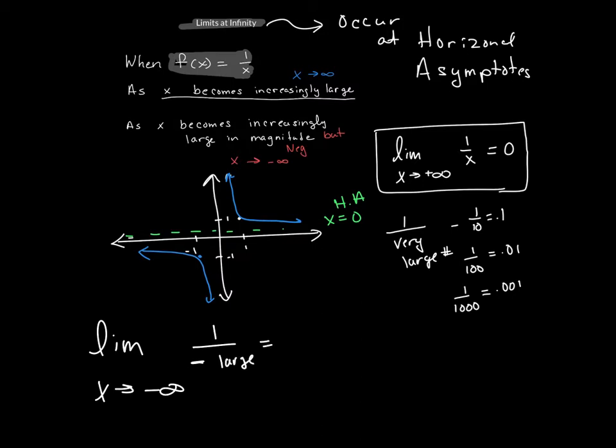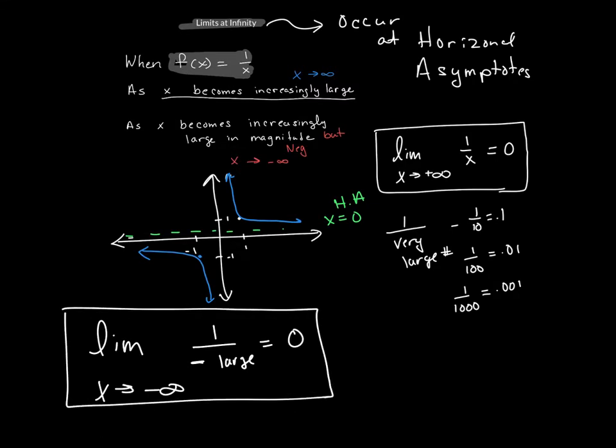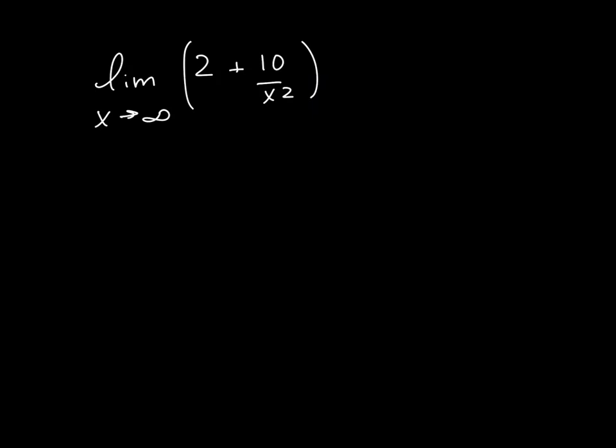And this time it still approaches 0. So those are both the same. It does not matter whether it's positive or negative there. Let's go ahead and look at another one. And for now, I'm going to go ahead and draw these graphs, but we don't need to have these graphs to see what is happening at the limit.